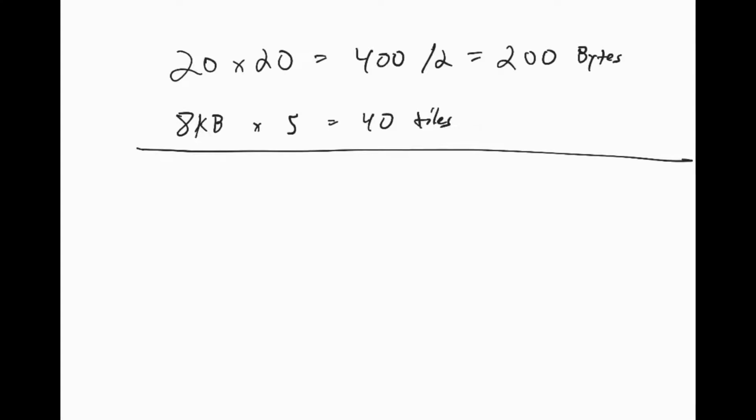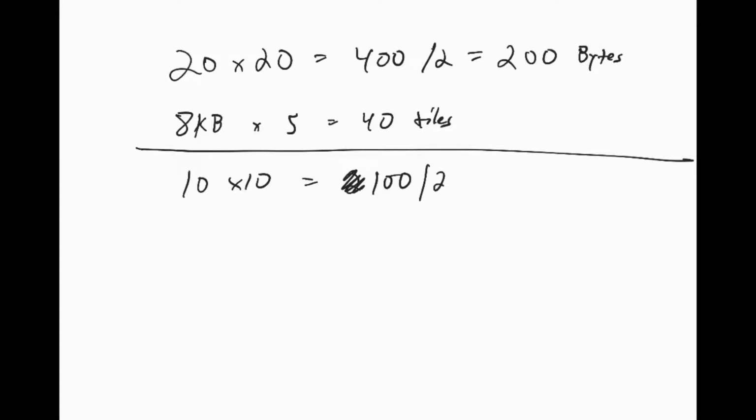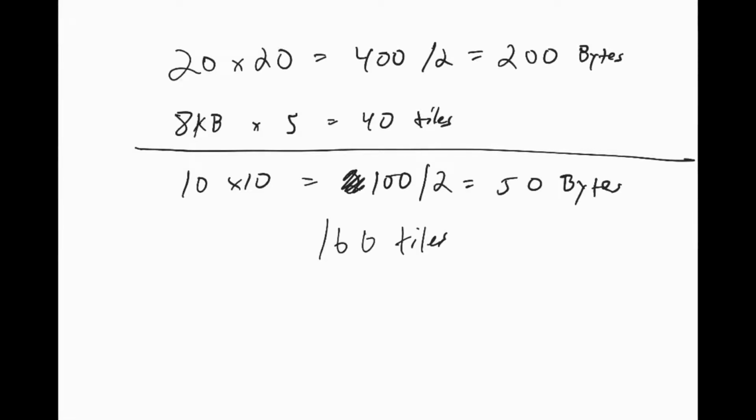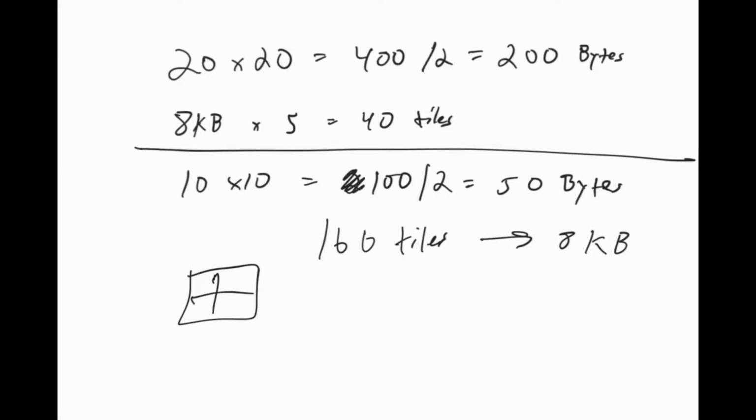So if I were to shrink the tile size to 10 by 10, let's say, then that's actually going to be 100 pixels, and that's only going to be 50 bytes, which means we could get 4 times the number of background tiles, or approximately 160 tiles in the 10 by 10 format, and that would still fit into the 8 kilobytes of memory. And that makes sense because if you had a 20 by 20 tile and you split it into 4 sections, each of those 4 sections would be 10 by 10.